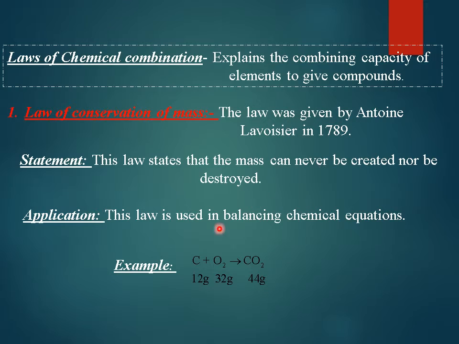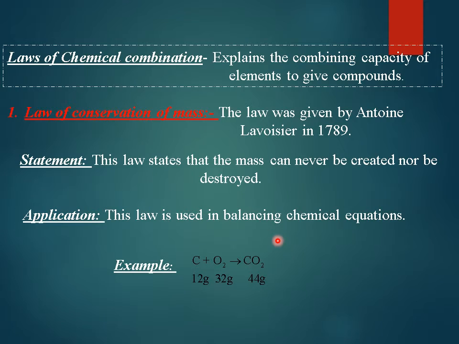For example, I have carbon which reacts with oxygen to give me carbon dioxide. Now, the mass of one atom of carbon is 12 grams. Mass of an oxygen molecule is 32 grams. So 12 plus 32 is 44 grams. The mass of the product CO2 that is formed is also 44 grams. So here the total mass of the reactants, which is 44 grams, is equal to the total mass of the products, which is 44 grams.